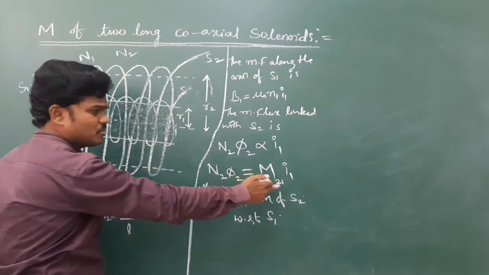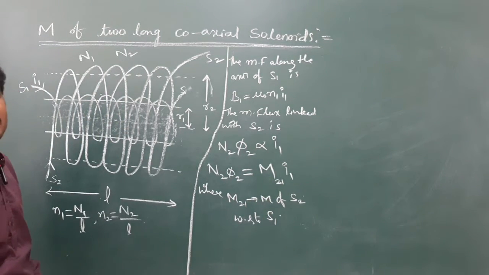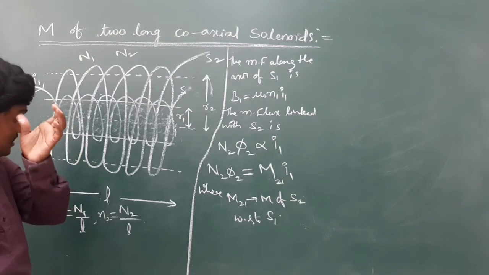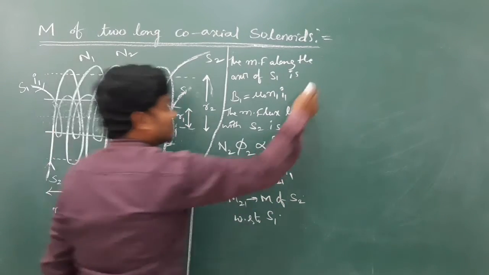So yes, M21 is the mutual inductance of S2 with respect to S1.